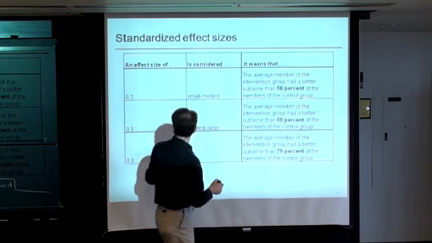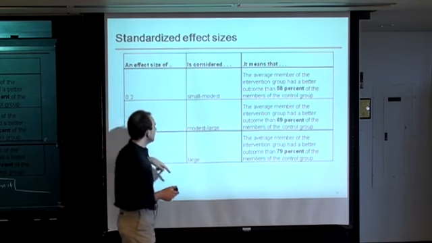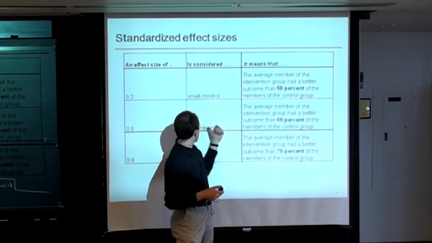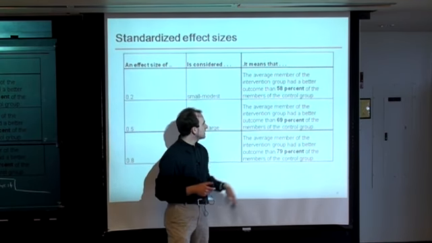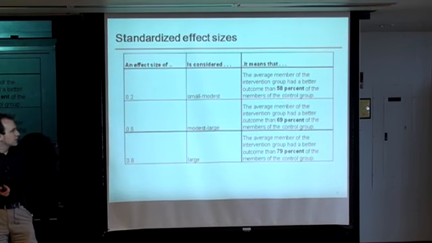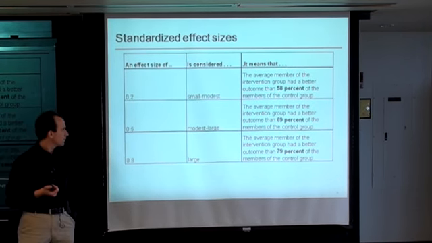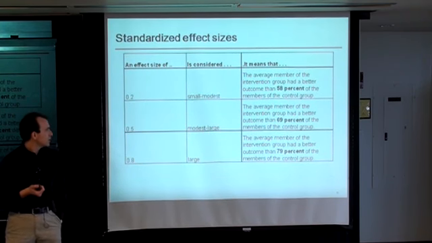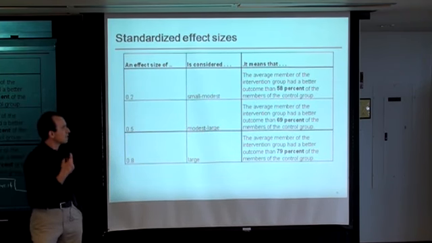If you get an effect size of 0.5, which we were saying was a large effect, that means the average member of the intervention group is better than 69% of the people in the control group.